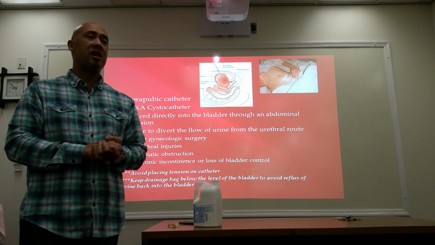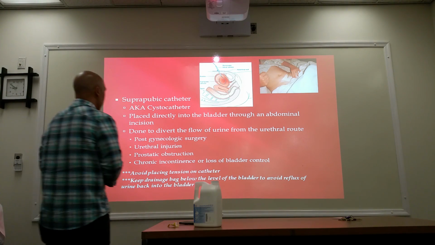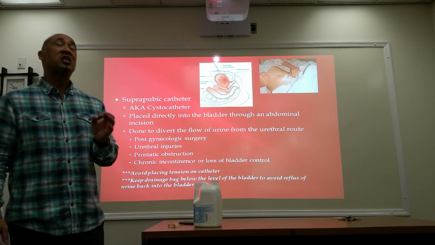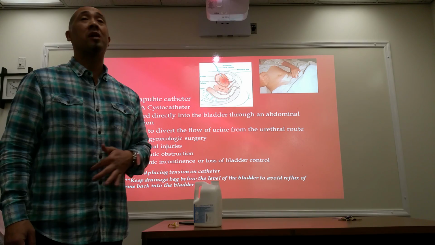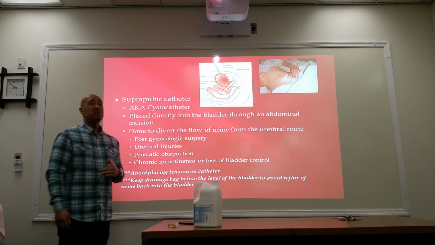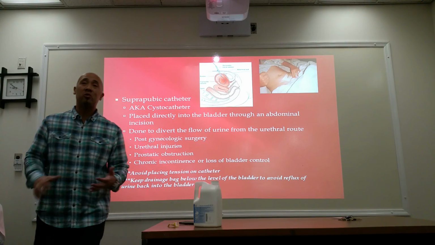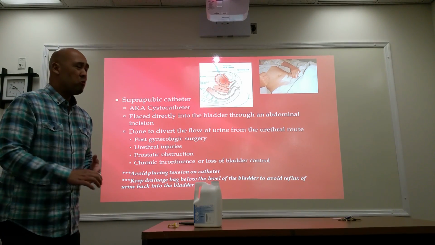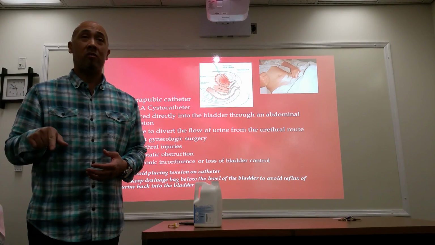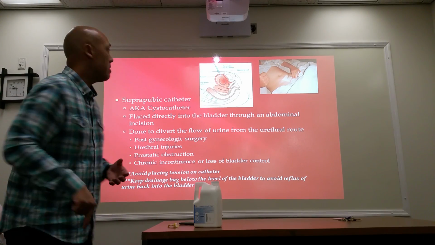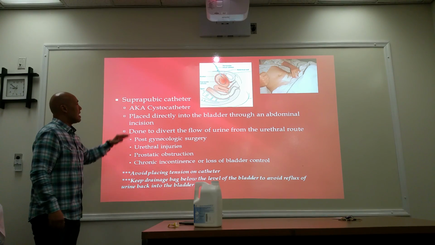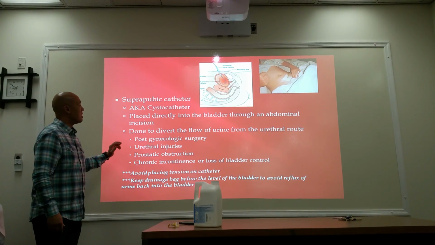Suprapubic catheter. With a suprapubic catheter, you're creating a surgical opening, an incision from the abdominal wall into the bladder. The purpose of this is to avoid the normal urethral route. This is also known as a cystocatheter, placed directly into the bladder from the abdominal wall.